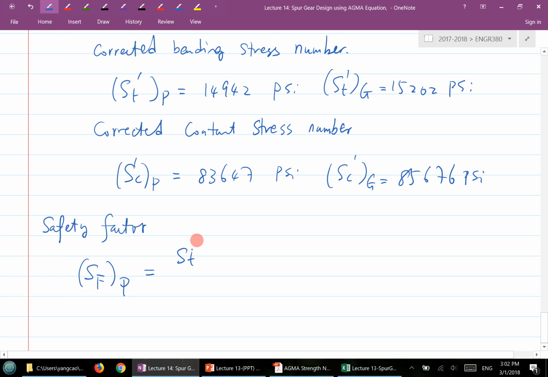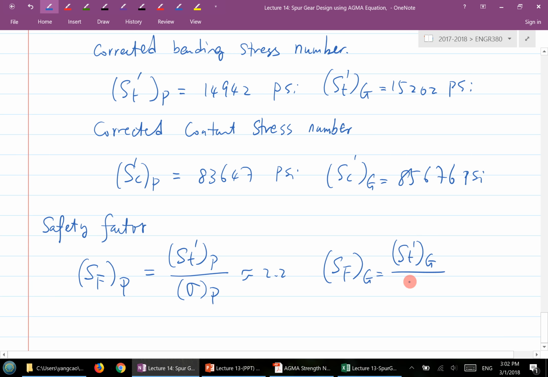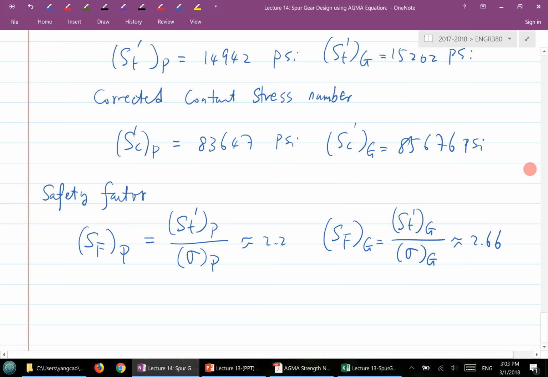This is basically ST prime for the pinion divided by the bending normal stress at the pinion teeth, and this is approximately 2.2. And SF for the gear will be ST prime for the gear over sigma for the gear, and that gives 2.66.